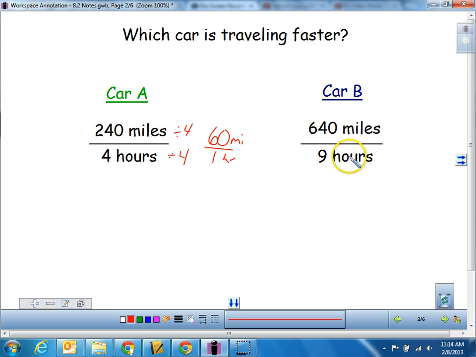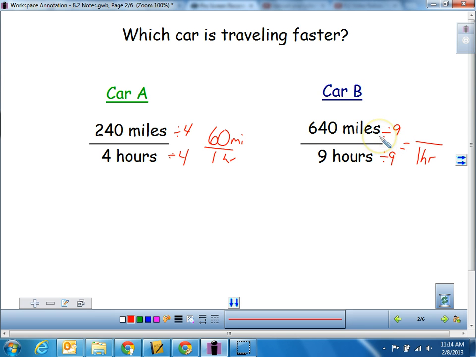How about over here? How am I going to get this? Do I want to divide it by 4? No, I want to divide it by 9 this time, right? So divide the bottom by 9. 9 divided by 9 equals 1 hour. And here labels are very important, otherwise we don't know what our rate is. It's all in the labels. So 640 divided by 9.